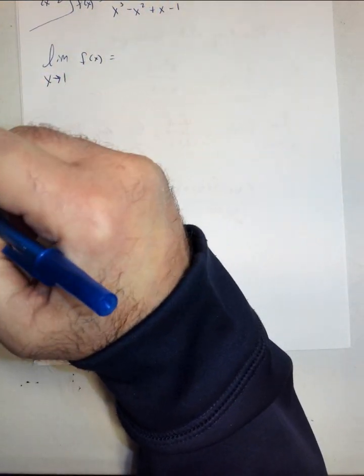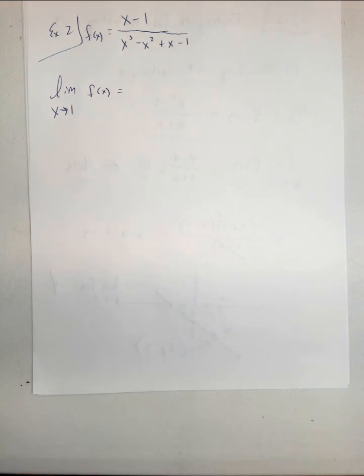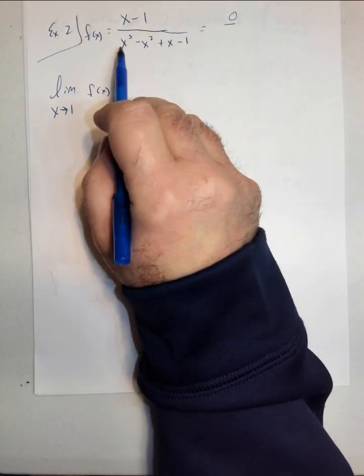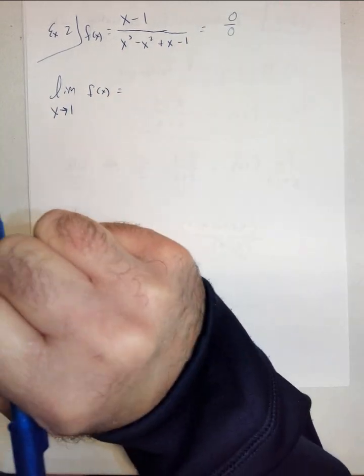Again, first step, plug in 1. We plug in 1, we get 0 over 0.